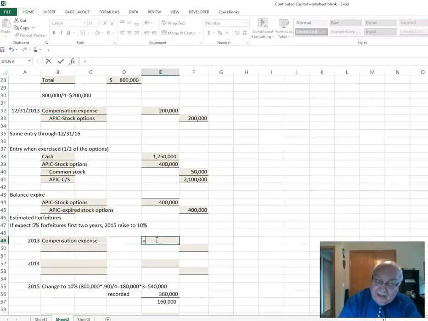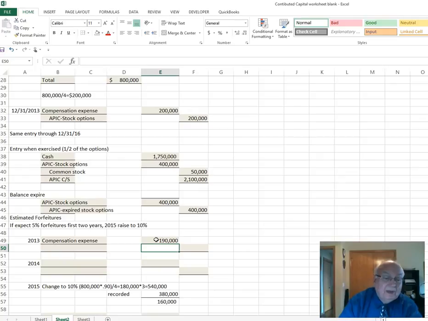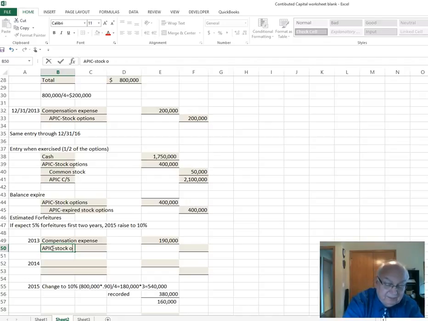We'd actually take the 200,000 times 95%, which is 190,000. Because you take the 200,000, you expect 5%, so you take it times 95%. And then the APIC stock options would also be the 190,000.